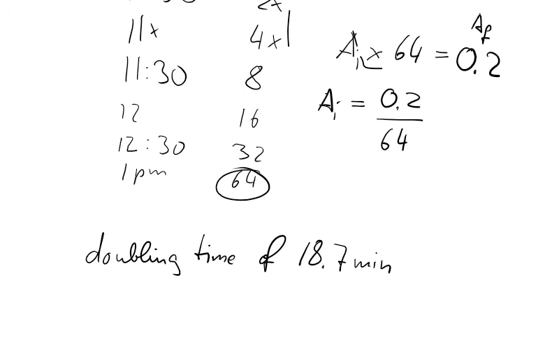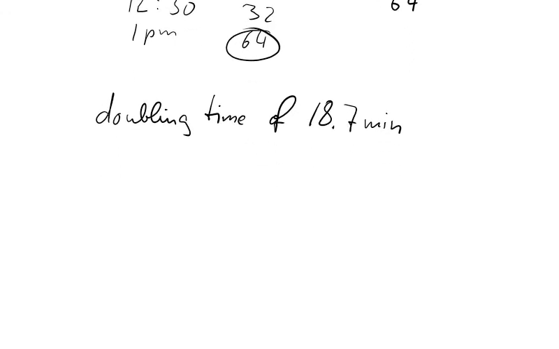This approach, with counting the doubling times, only works with nice numbers. If you don't have nice numbers, you have to go through the A initial equals A final divided by e to the power of r times T final minus T initial.